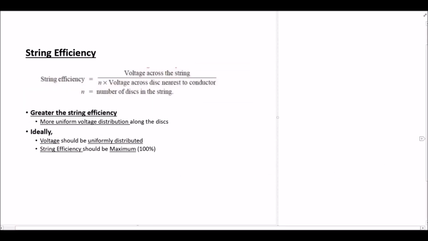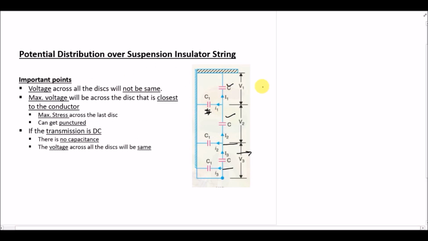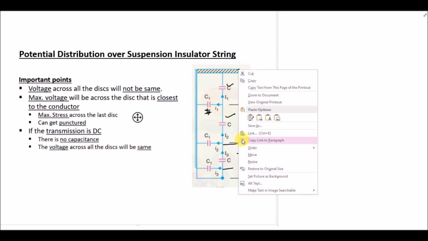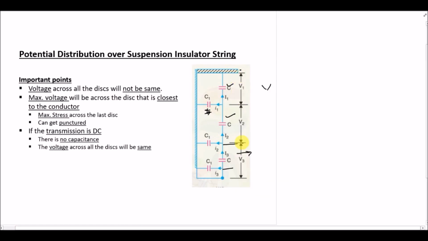Now moving on towards the string efficiency of the string insulators. This is today's topic, and by definition, string efficiency is just the ratio of the voltage across the string, and the voltage across the string in this case is V. That is the voltage starting from the grounded tower and till the conductor.